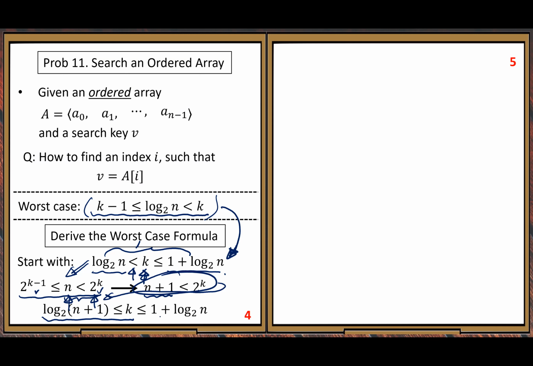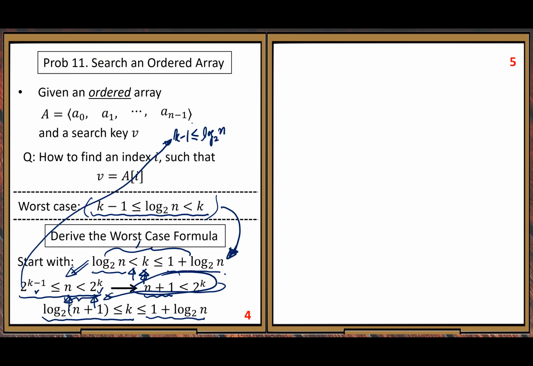All right. Then this side, look at this inequality. We take log base 2, k minus 1 less than or equal to log base 2 of n.